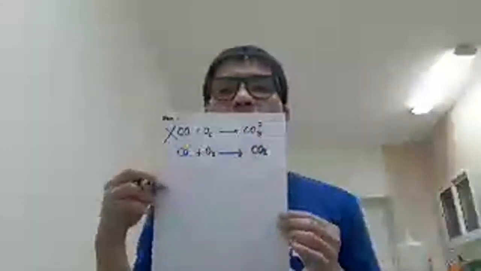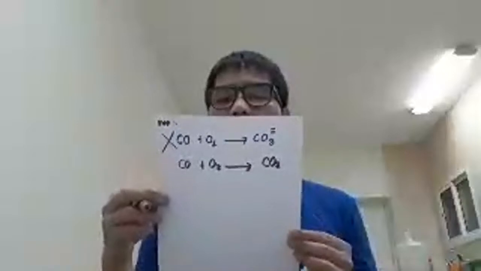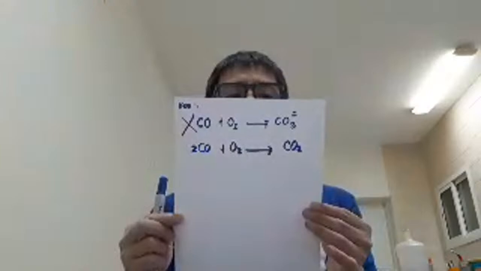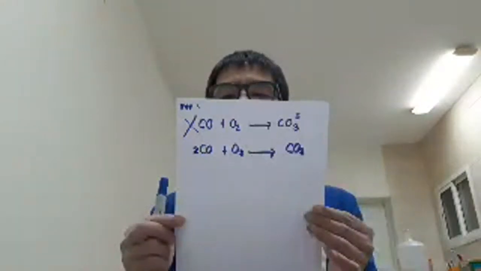Now, in this equation, we need to avoid a fraction. So the oxygen is 2, so you can automatically put 2 on the carbon monoxide. 2 carbon, oxygen 2, oxygen 4.